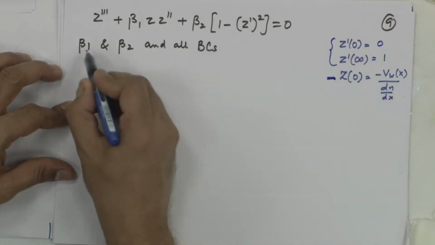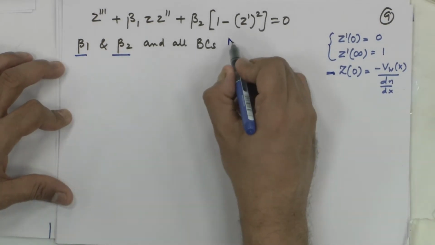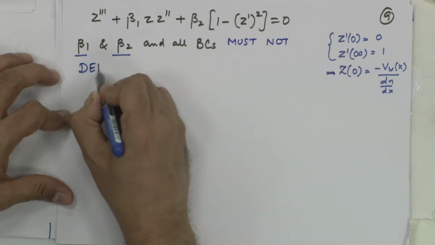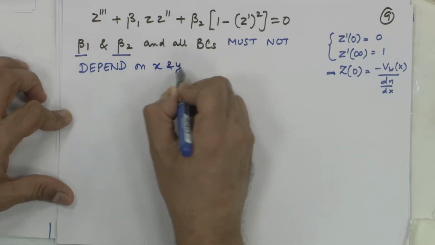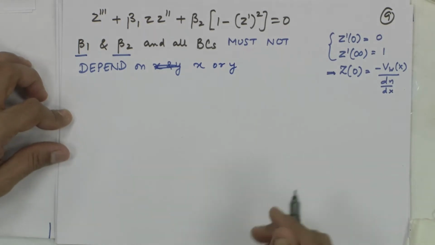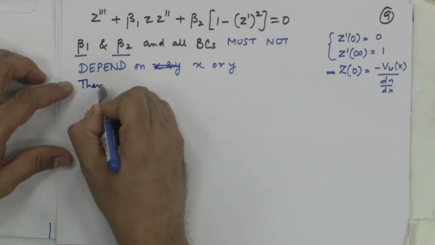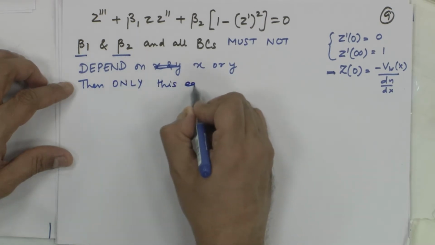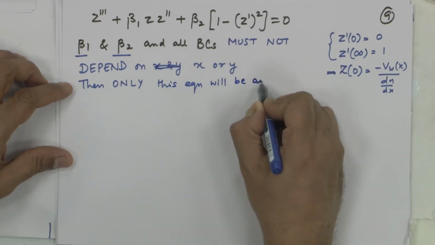This one, beta 1 and beta 2, must not be a function of x or y, then only this equation will be amenable to similarity solution.